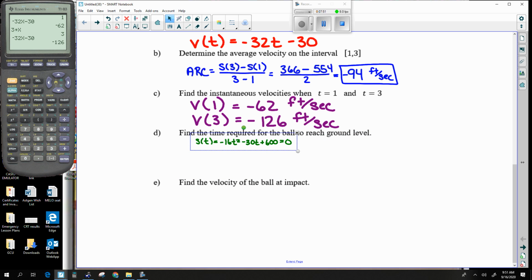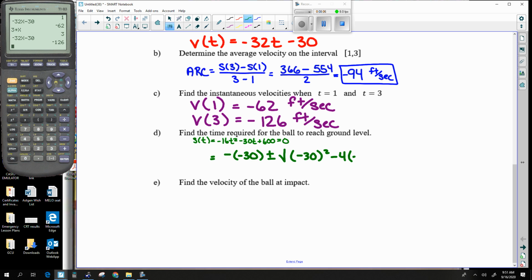I'm just going to use the quadratic formula to help get this answer. So this is negative b plus or minus the square root of b squared minus 4ac, all over 2a.